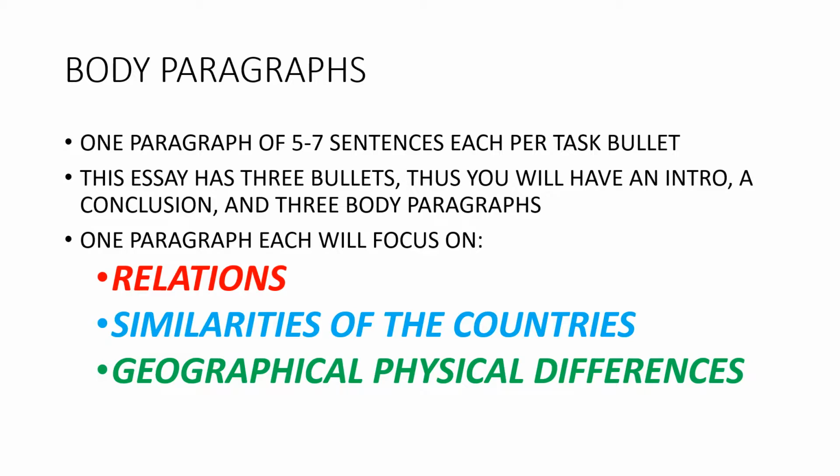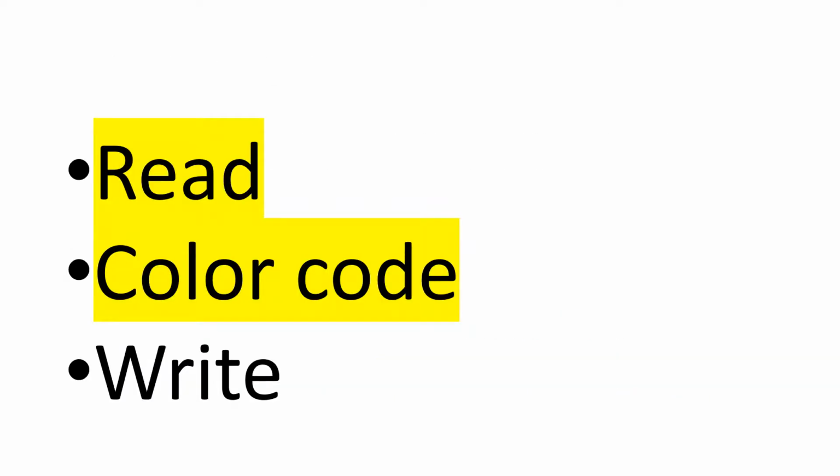You can color code your facts so you know what source articles or pieces of evidence go with the paragraph you need. It's going to be very important that you read through these pieces, color code, and then write your body paragraphs. So you're going to read and color code now, and we'll write when we're all done.